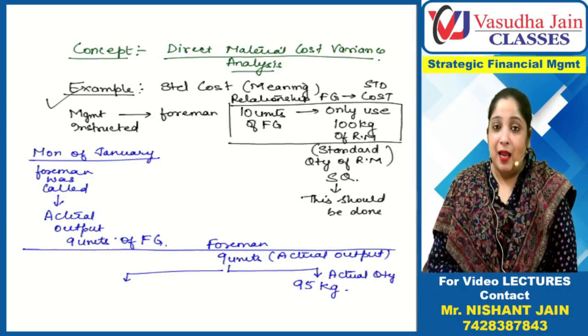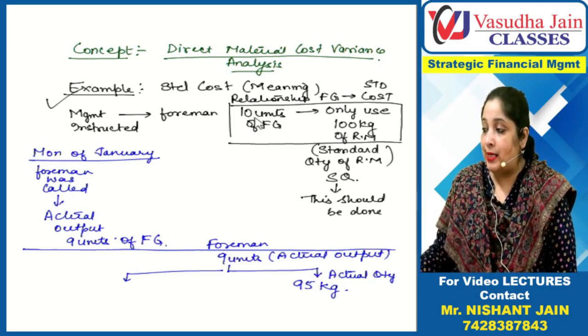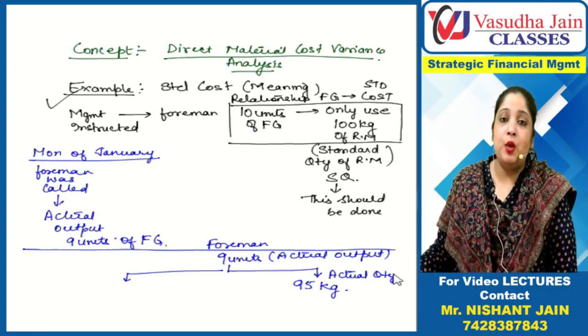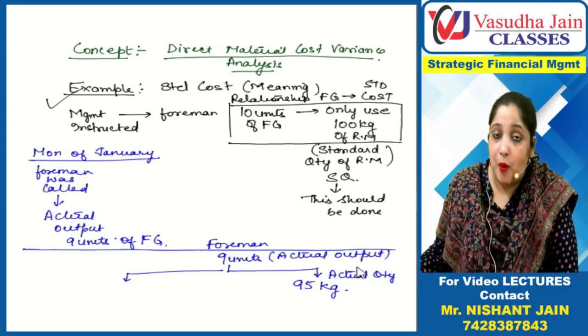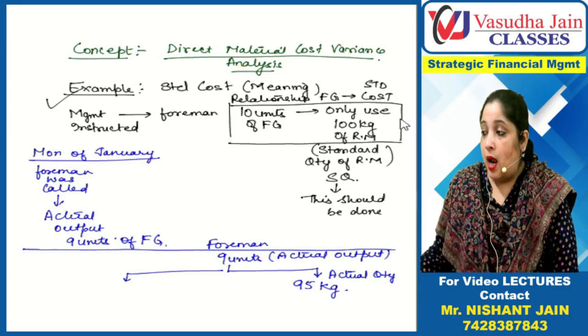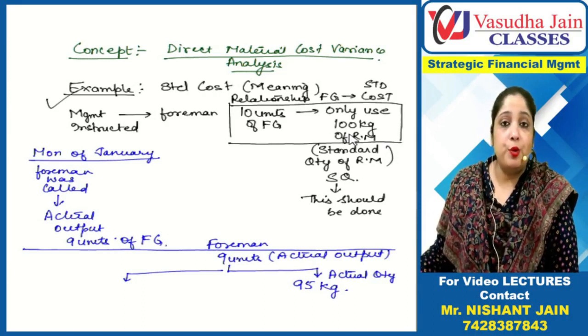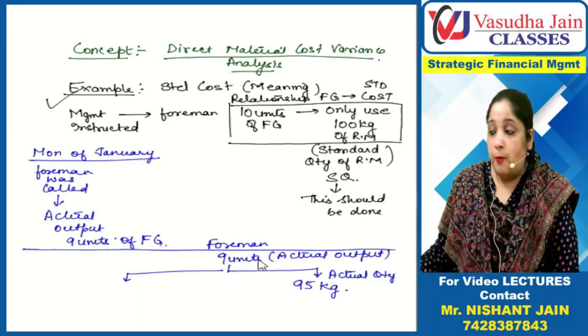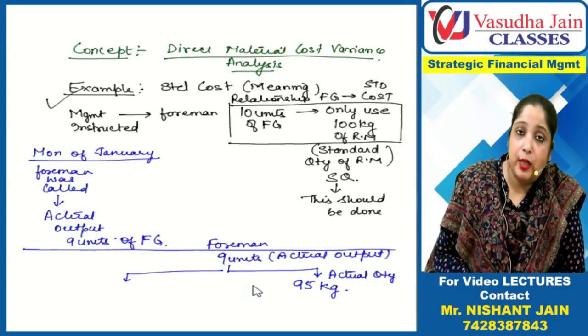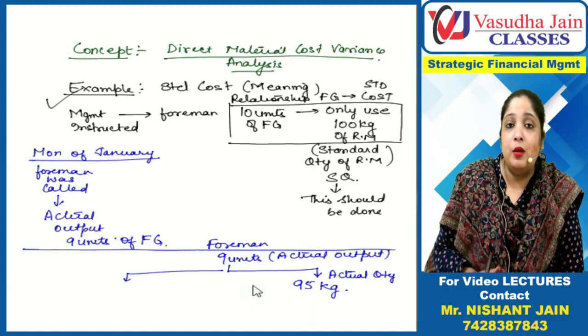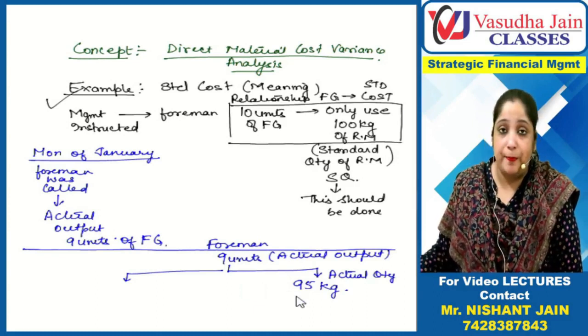He was smiling, saying you told me to use 100 kg and I used 95 kg. The management was very much furious. Why? Because 100 kg was supposed to be used for 10 units. But since the actual production was only 9 units, how could the foreman use 95 kg?